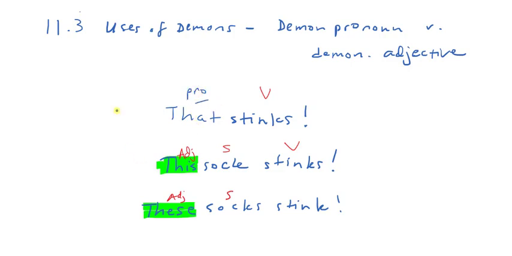It's a pronoun. And then I could change this sock stinks to that sock stinks. And it would be what? A pronoun or an adjective use of the demonstrative? It would be the adjective use. That sock stinks. Okay? So, you've got the English concept.